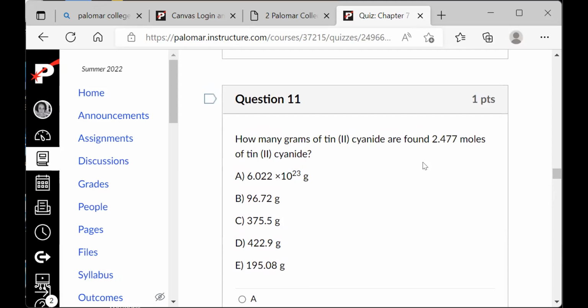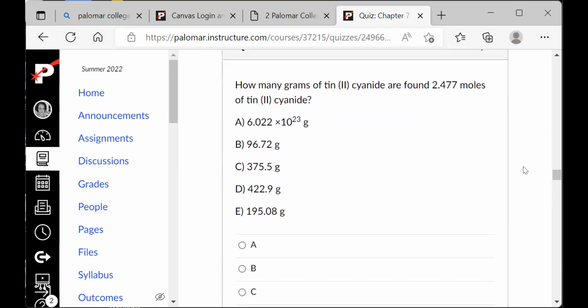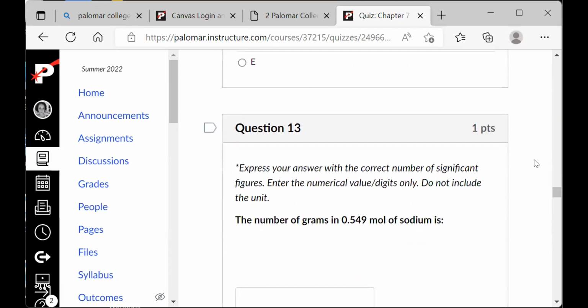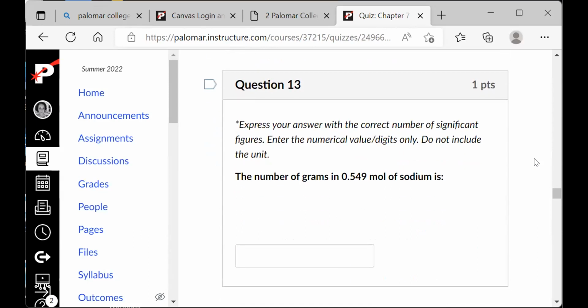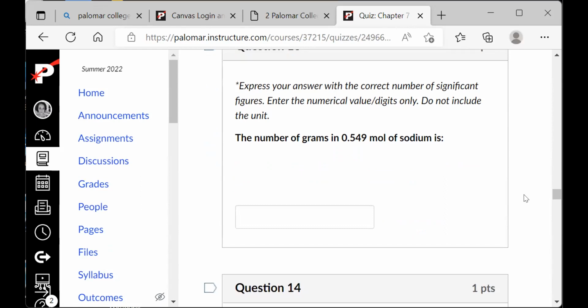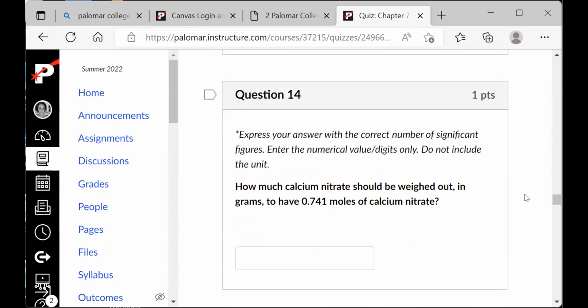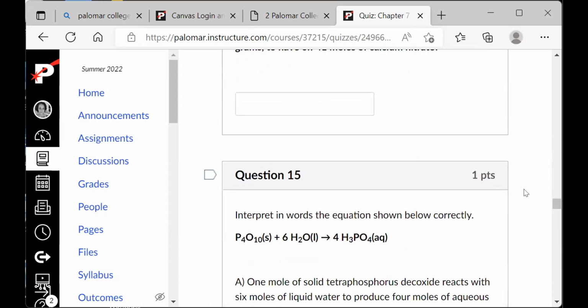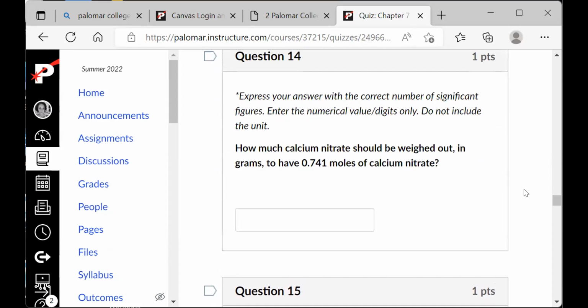This is a different one: I was given moles of compound, grams of compound. This is just the molar mass of the compound. So for question 12, the process that we just did is where it applies. Question 13 is like question 11. Question 14 is like question 11. We're just transitioning between moles and grams of the compound.